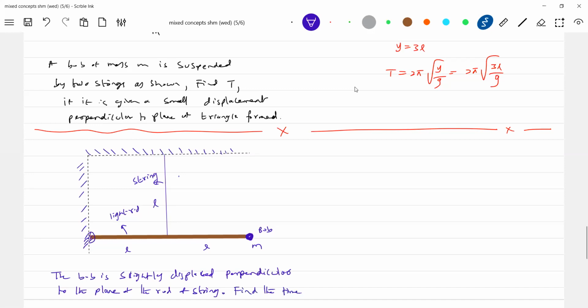Find the time period. Small oscillations. Okay, the bob is slightly displaced perpendicular to the plane, and the rod is hinged here. It can rotate in all directions.